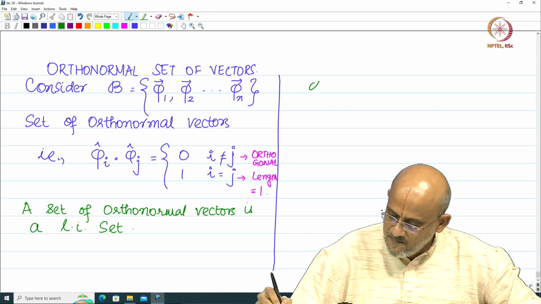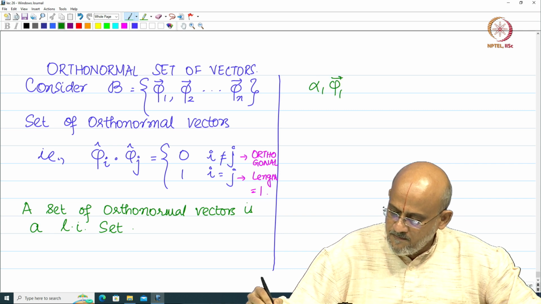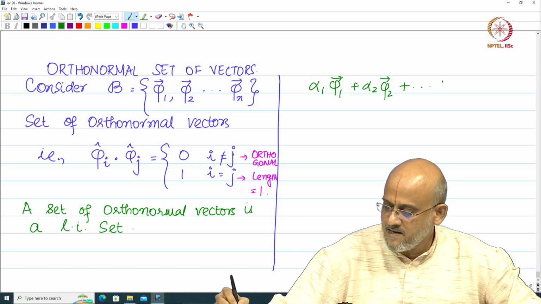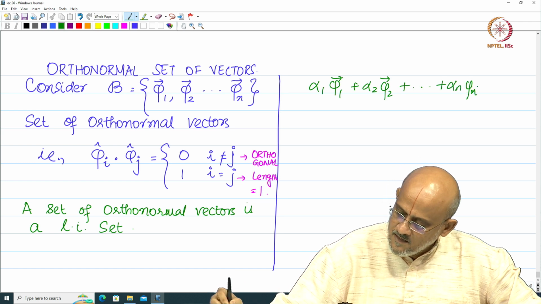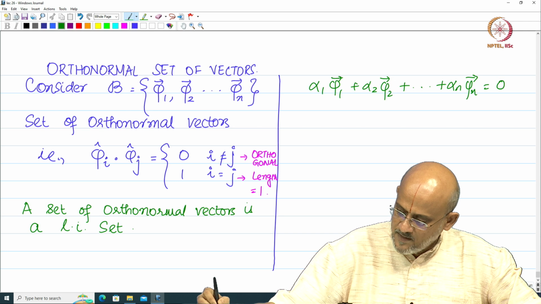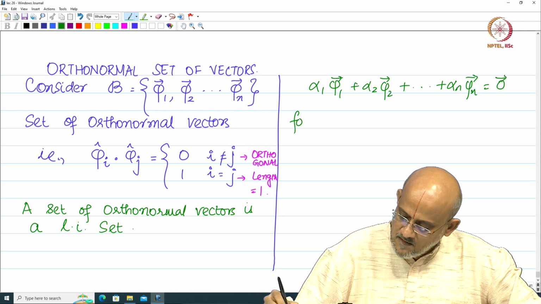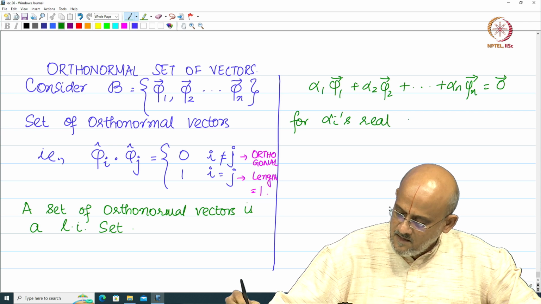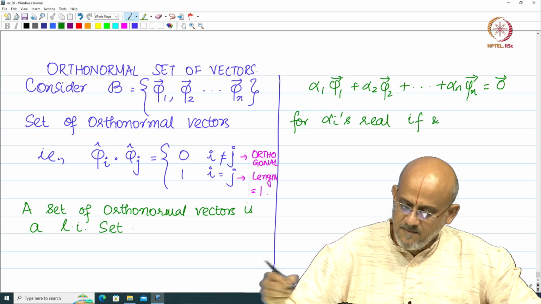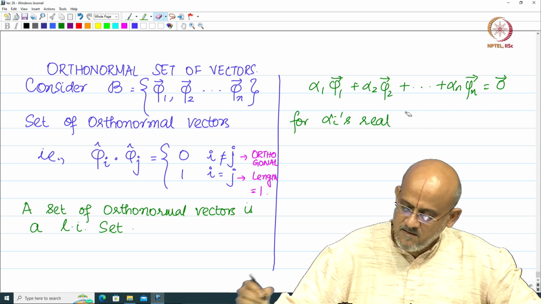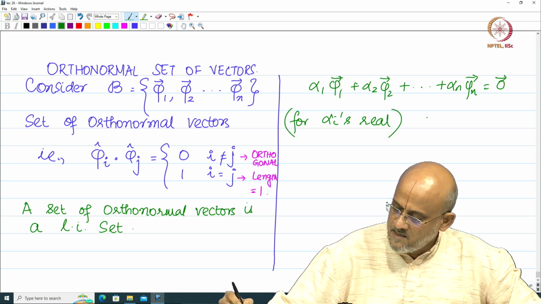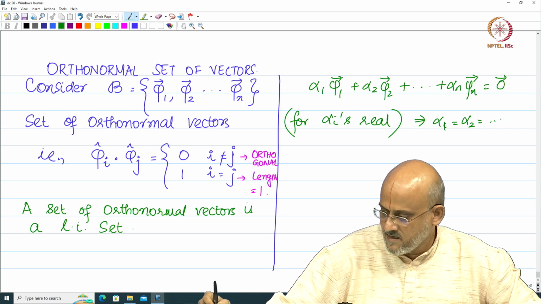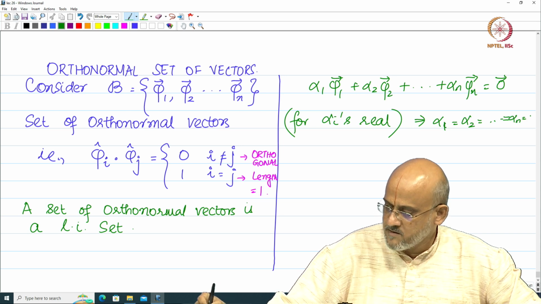We have alpha 1 phi 1 plus alpha 2 phi 2 plus etcetera plus alpha n phi n is equal to the 0 vector, for alpha i real, implies alpha 1 is equal to alpha 2 is equal to etcetera alpha n is equal to 0.